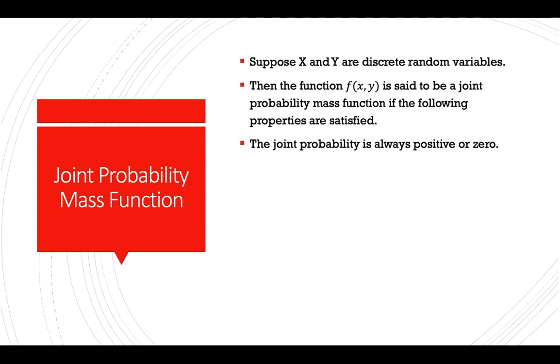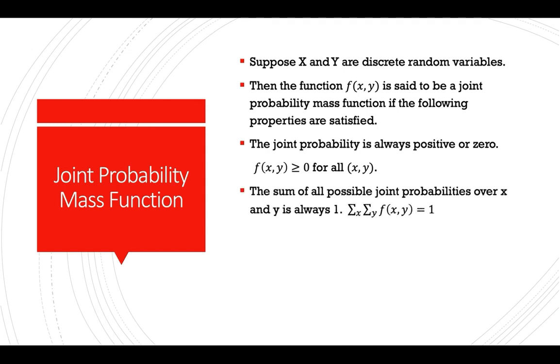So the joint probability is always positive or zero, that is for all possible values of x and y. The sum of all possible joint probabilities over all possible values of x and y should be 1.